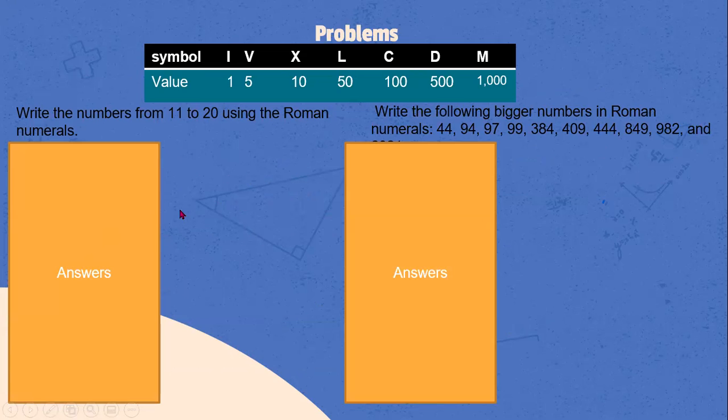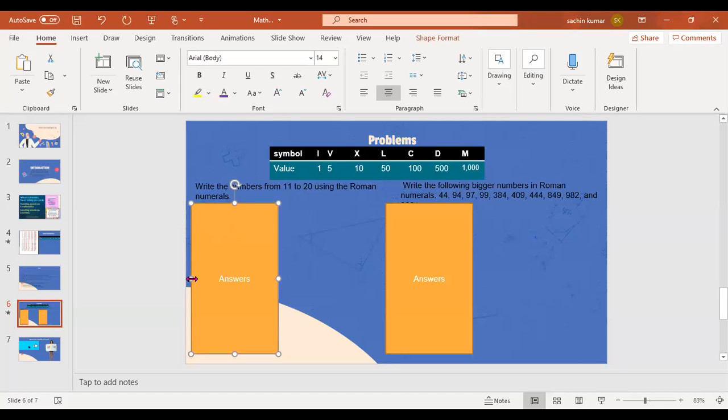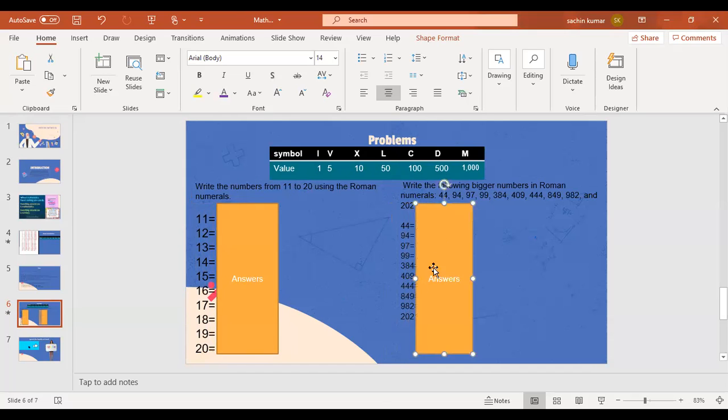These are the problems. Write the numbers from 11 to 20 using the Roman numerals. I'm giving you the Roman numerals at the top to help you.